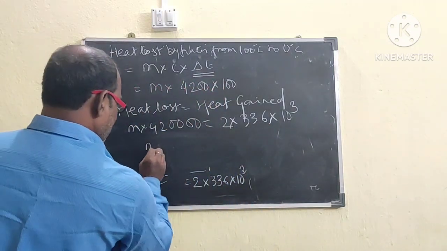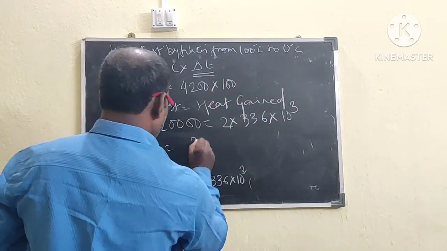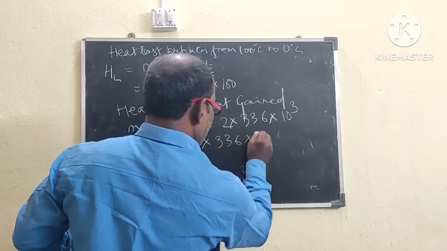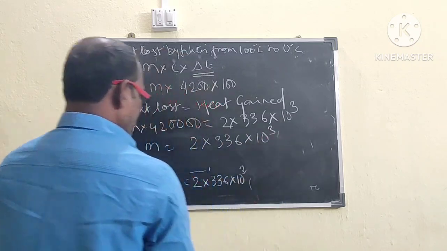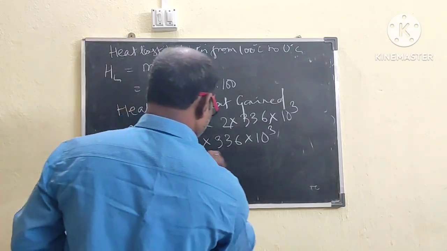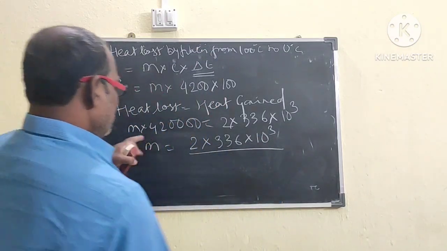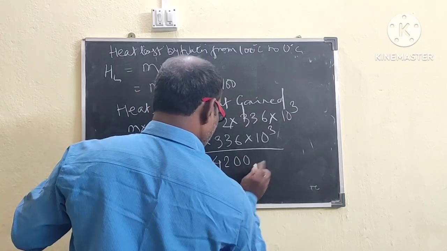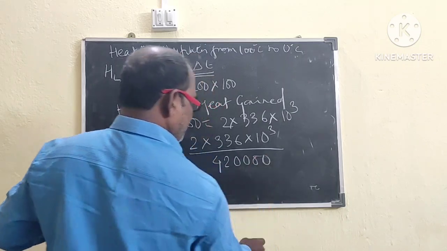From here we get m equals 2 into 336 into 10 to the power of 3 divided by 42000.